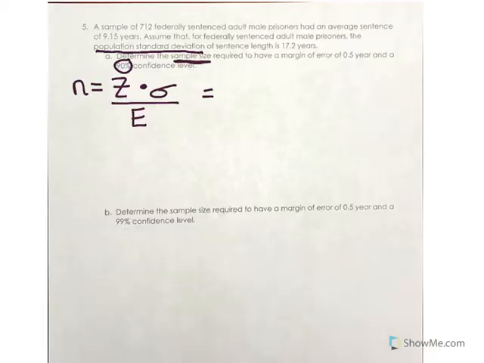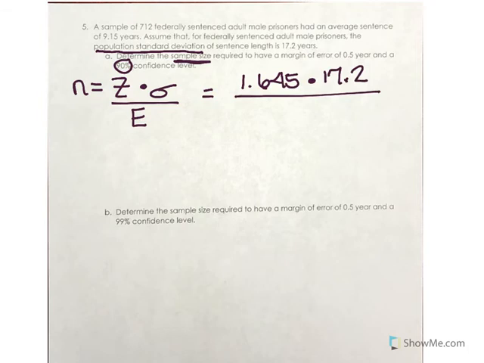So we have 1.645 times the population standard deviation, 17.2, divided by the margin of error, which is 0.5.